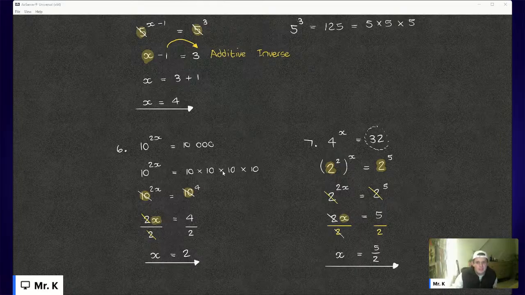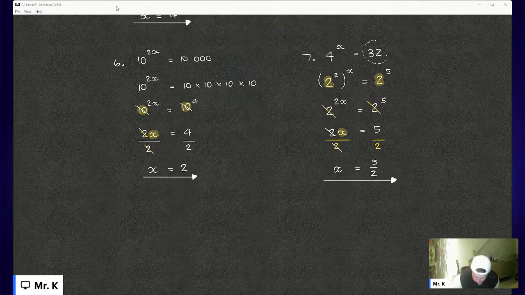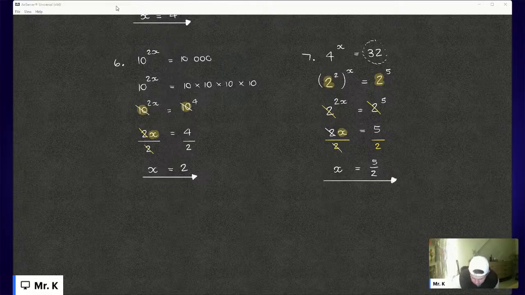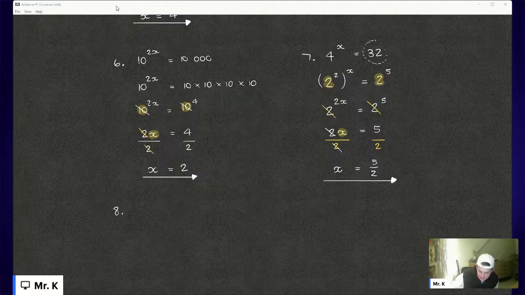And there's one last example I want to go through for today, and then we will wrap up. Example number 8. It seems like it's one of the simplest examples of all, but it still catches students to this day. And teachers absolutely love it.